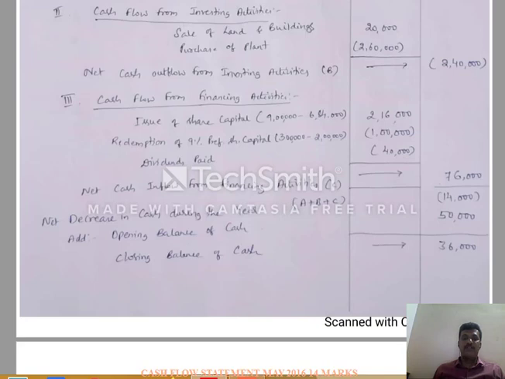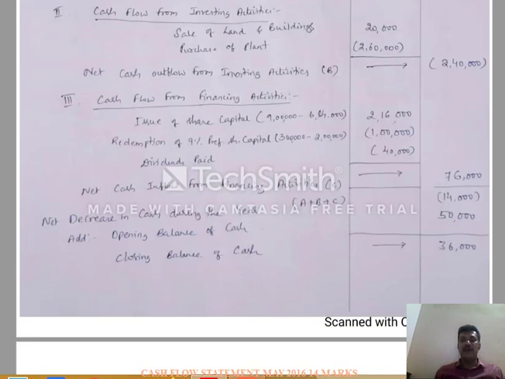And we also have an adjustment related to dividends paid worth rupees 40,000 that results in outflow of cash. Since dividends are paid to the shareholders of the company, it will come under cash flow from financing activity. The sum total of that comes to 76,000. That is net cash inflow from financing activities.